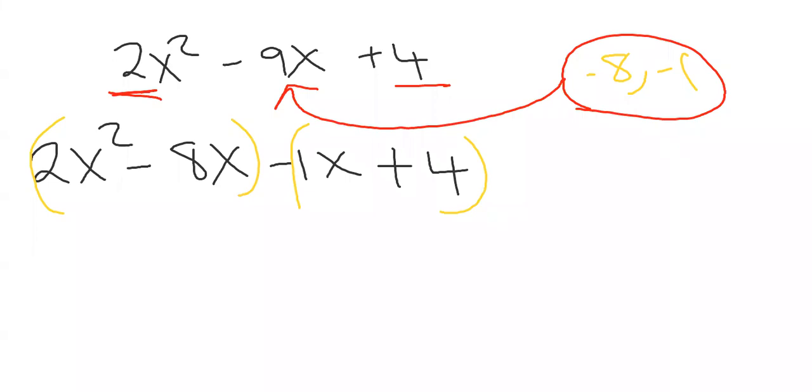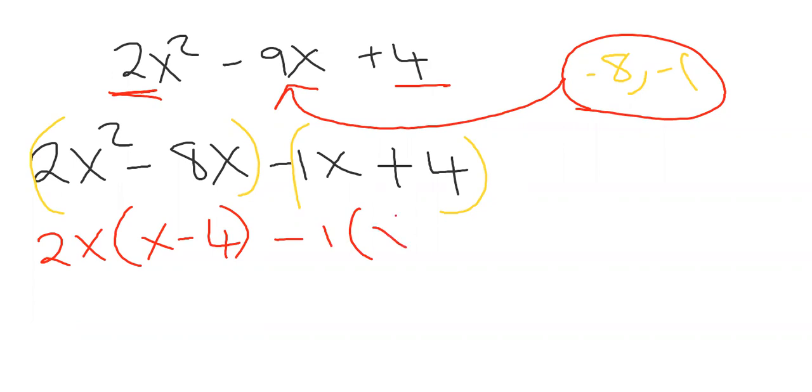Now, factorizing the first bracket, I get 2x, x minus 4. Then factorizing the next bracket, I also get x minus 4 inside the bracket.